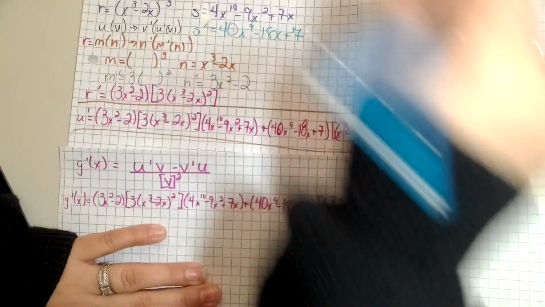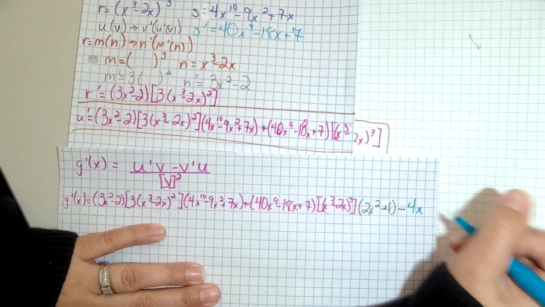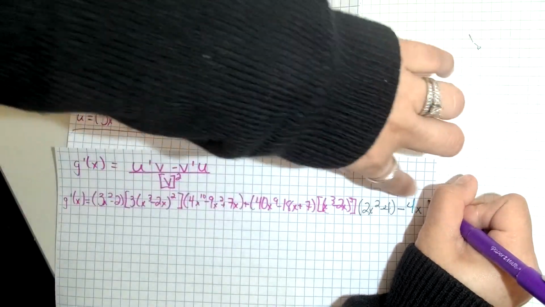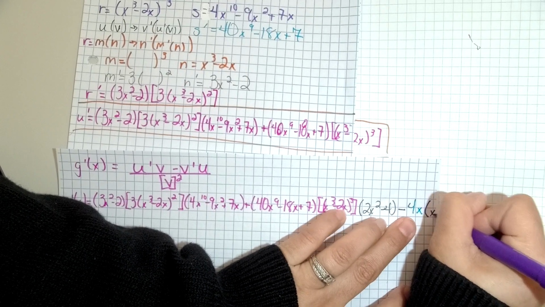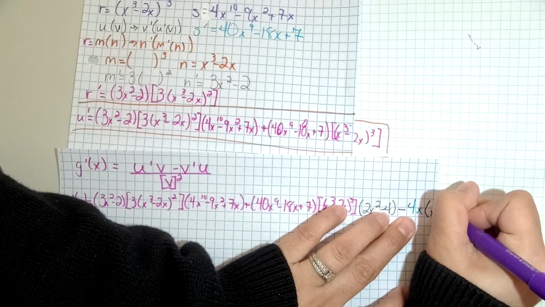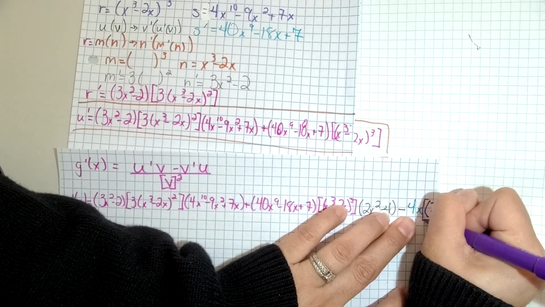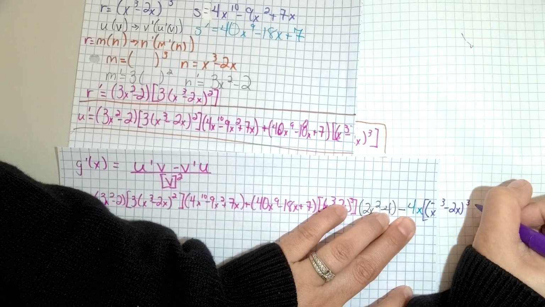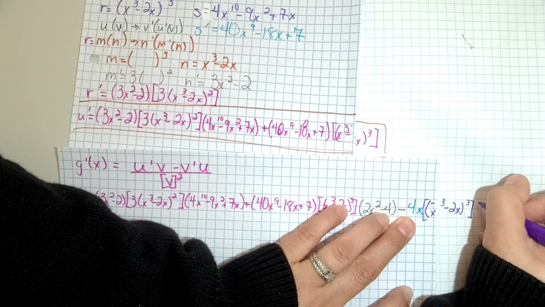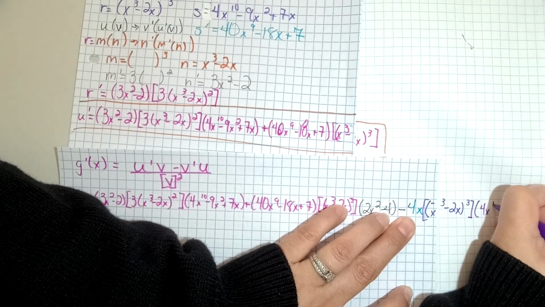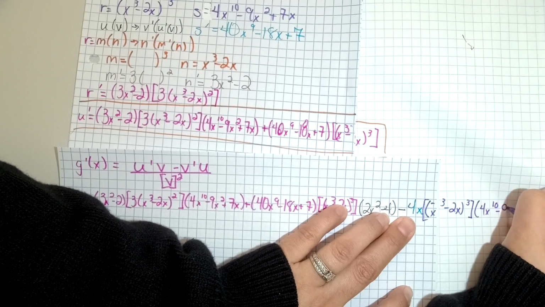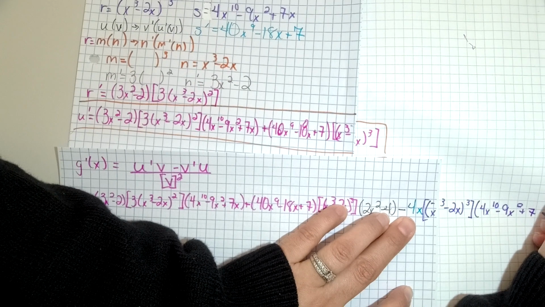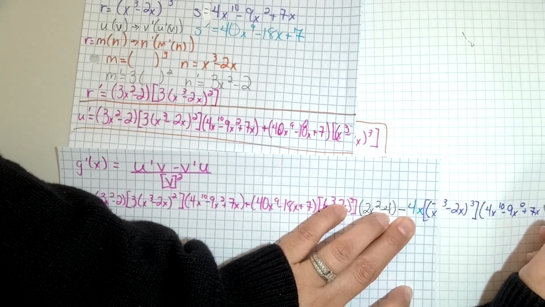Now I'm going to do V prime, which is 4x, times U. Am I off screen yet? I guess just a yes or no question. Somebody can answer. Yes, thank you. I'll move.